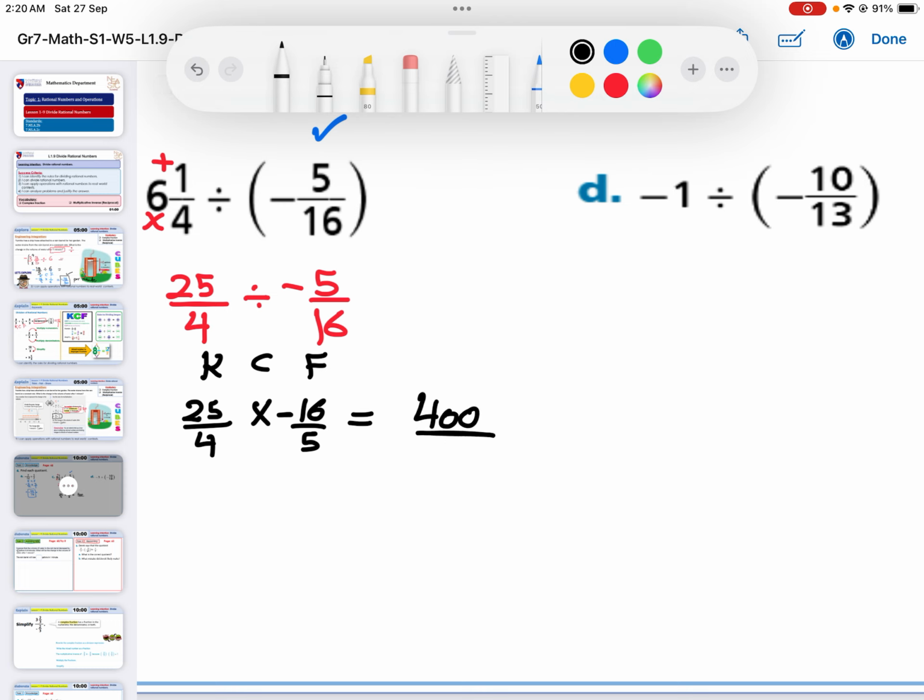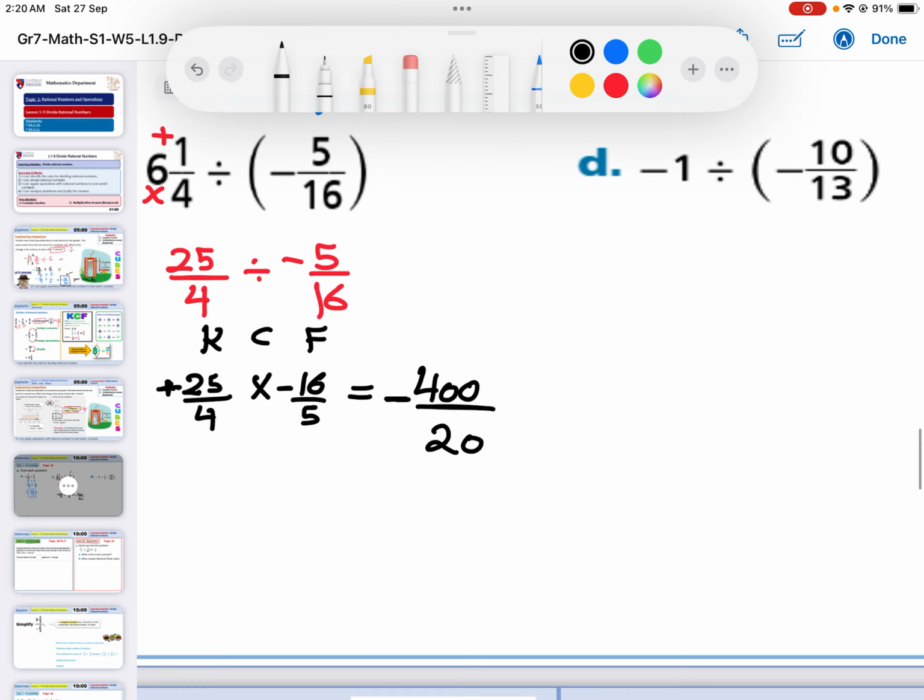Okay, 4 times 5, that's 20. And the sign will be negative, because positive times negative, that's a negative, okay? When you simplify it, it's going to be negative 40 over 2. The 0 and 0 cancel each other. 40 divided by 2, that's 20, okay? You can leave the answer like that, but this one is easy to simplify, so why not?